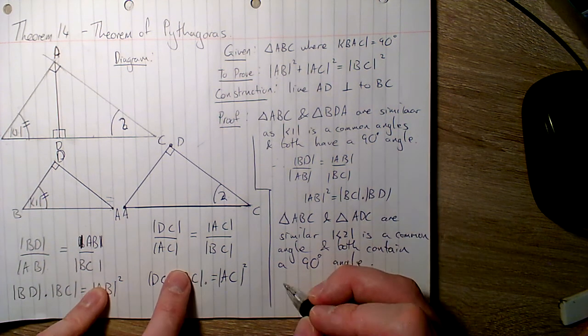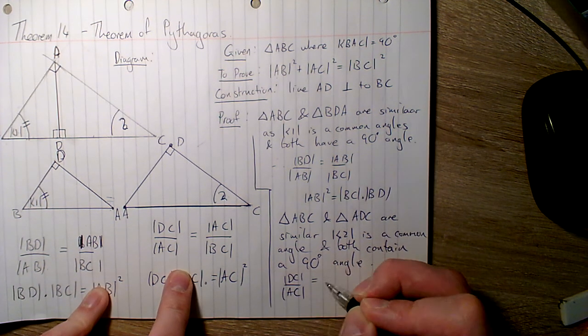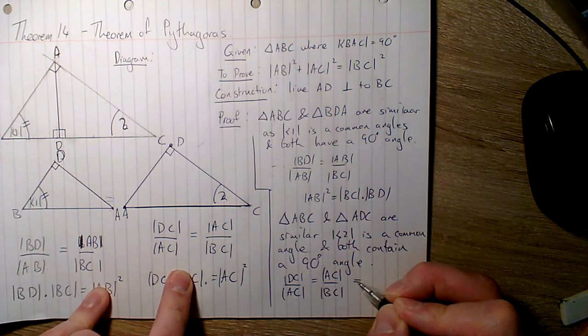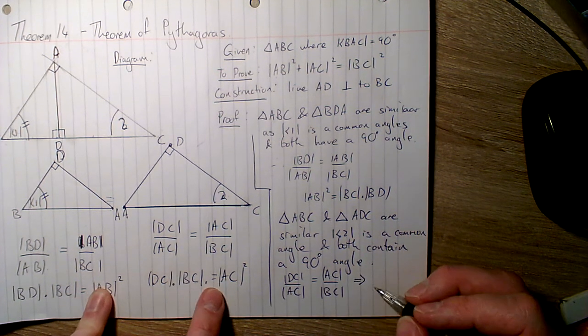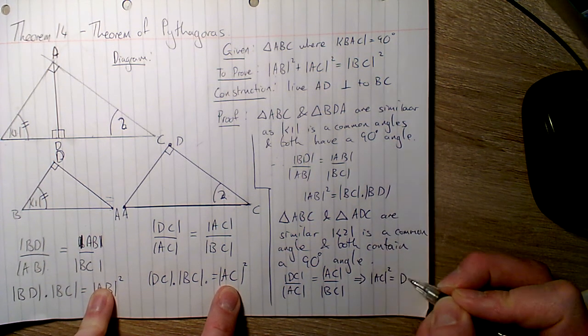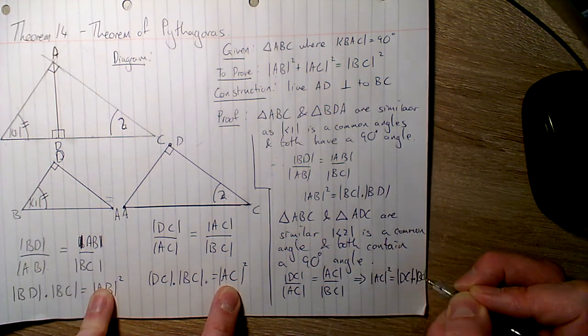So that lets me say that DC over AC equals AC over BC, which gives me AC squared equals DC multiplied by BC. Sorry for squeezing that in there.